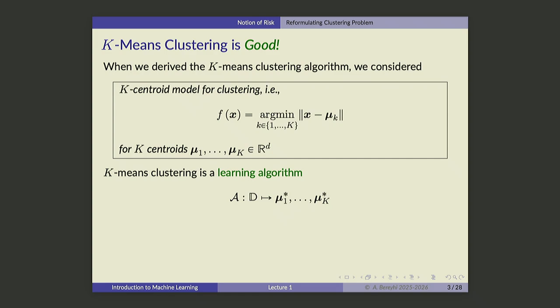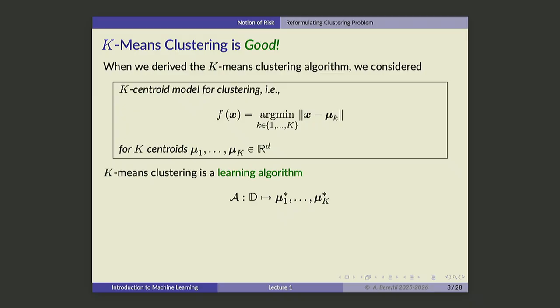And inside this model, as we talked about last time, the only parameters that you can play with are the centroids, right? The k-centroid model is assumed by you. You might say that you don't think it's a good idea to cluster every point in the space by checking its distance to a centroid.